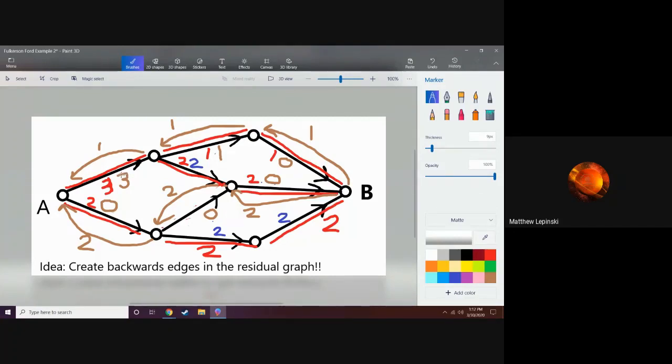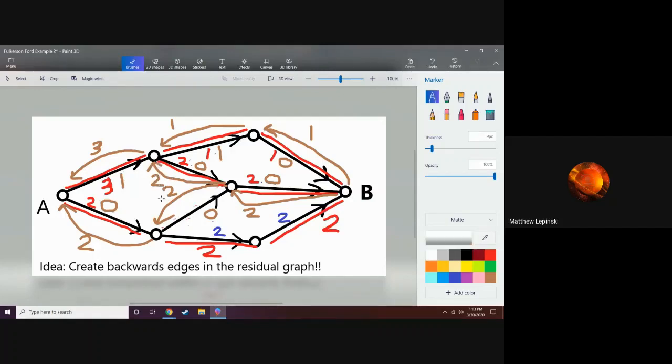and then I update my brown capacities. And so this 3 now becomes a 1. There's 1 capacity left here. I could backtrack 3 if I wanted. This becomes a 0. I'm using 2 capacity, so there is none left here. Oh, and I would want to draw in a backtracking edge.